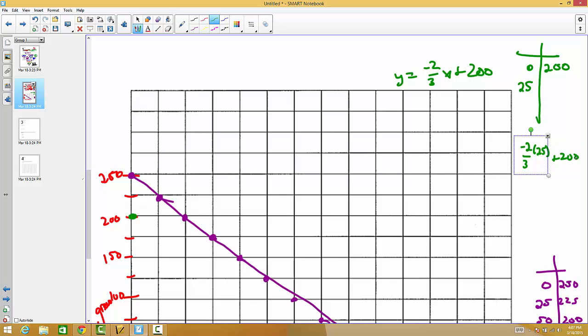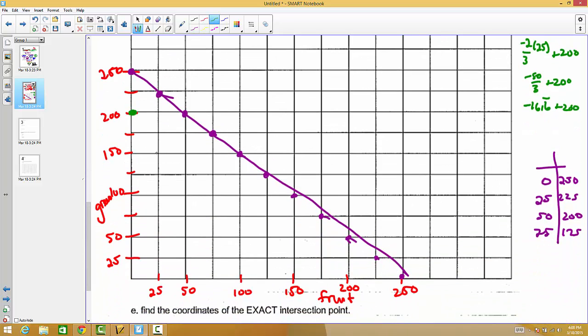So that'd be negative 50 divided by 3. So that's negative 16 2/3, or 16.6 repeating, plus 200. So that answer is 183 1/3.